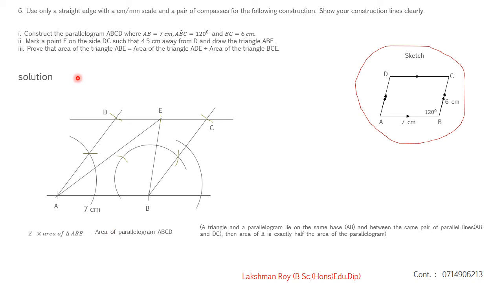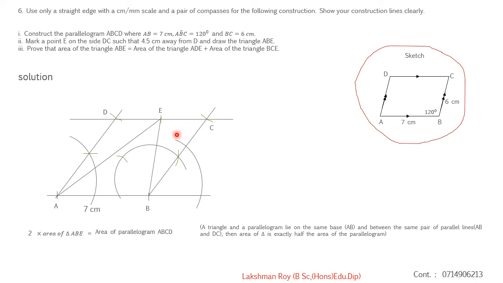Now they have given us to prove the area of triangle ABE using the area of triangle ADE, this triangle, and the area of the triangle BCE, this one. In the area of the ABCD parallelogram, you can write the extent area: the area of this triangle plus the area of this triangle plus the area of this triangle.